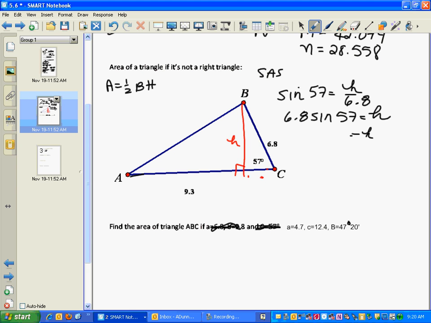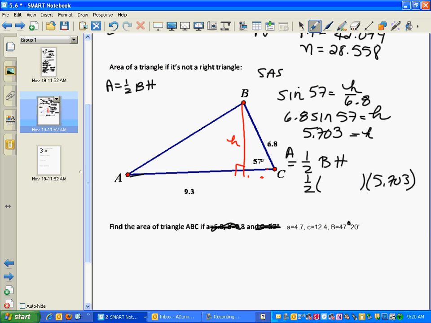Okay, so h is 5.703. Well, guess what? Area now is equal to 1/2 base times height. That's 1/2. My height is 5.703, but what's my base? Yeah, you got to go to the right value.